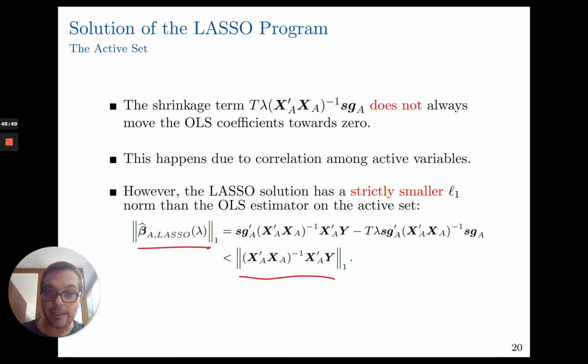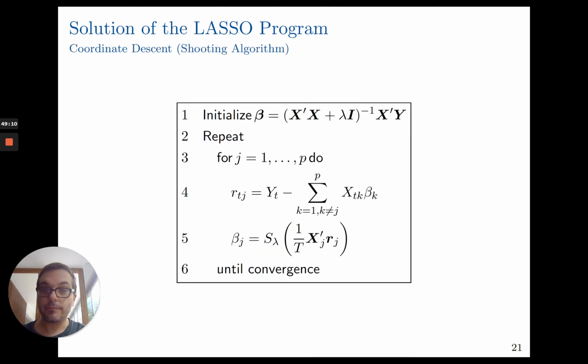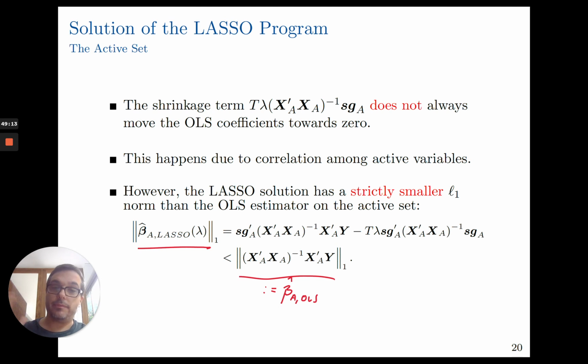Because this here is just beta A OLS hat. And remember, although we are in a large dimension setup, when we restrict ourselves to the active variables, then OLS is feasible, right? And finally, this is a result that shows lasso is shrinking the L1 norm towards 0.